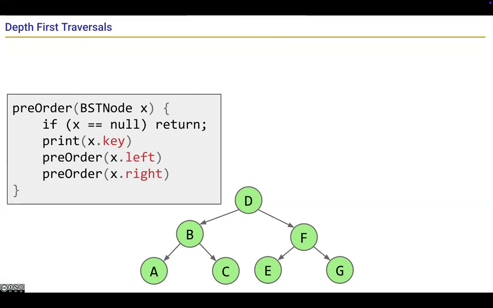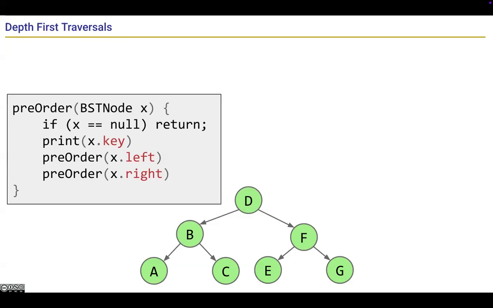Anyone got an answer? Okay, so we print D, then we pre-order left. So where do we go? B, then what do we do?